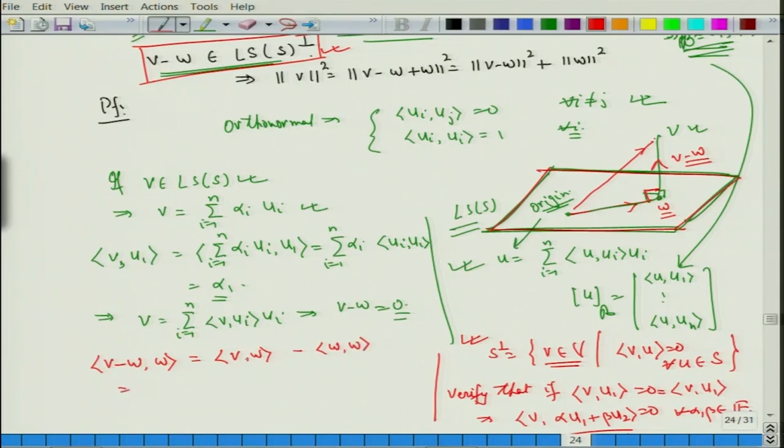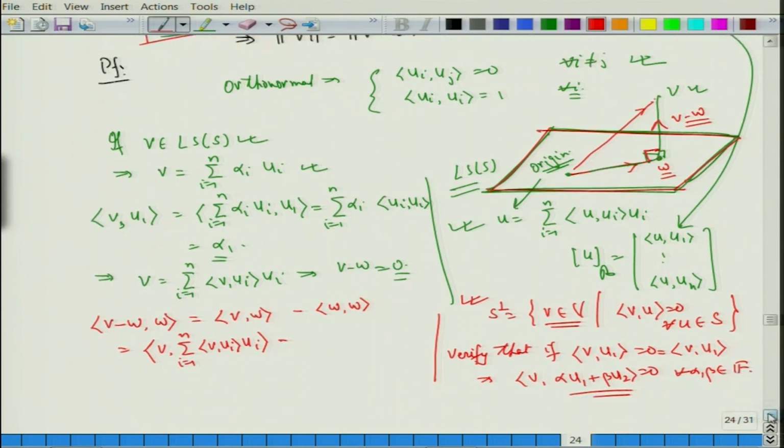Now, what is V comma W? V comma W is V comma the summation i equal to 1 to N, fine. I wrote it there, V comma Ui, this is the definition, alright, and this is again the same thing, or the norm of V square, you can say it is just the norm, whatever it is.